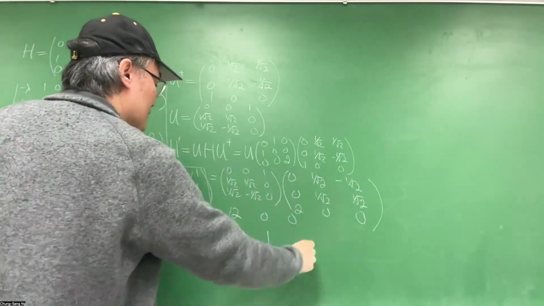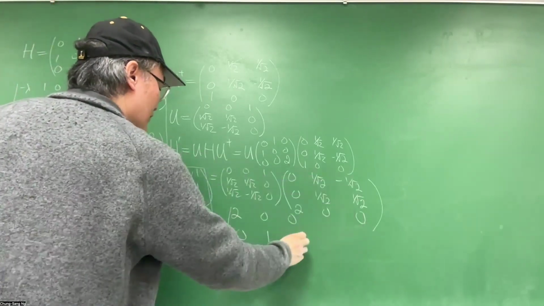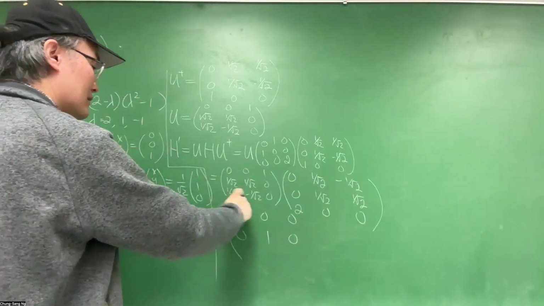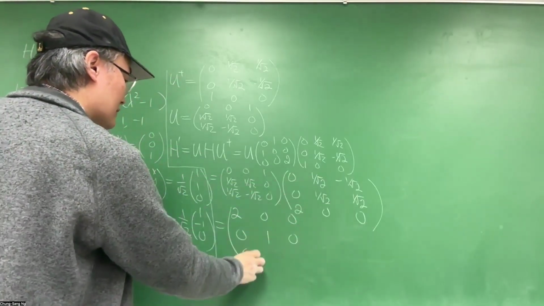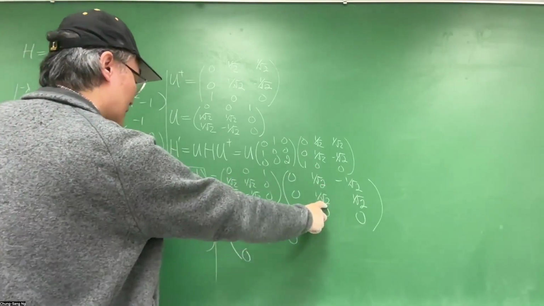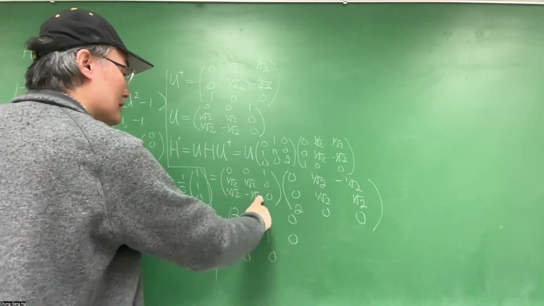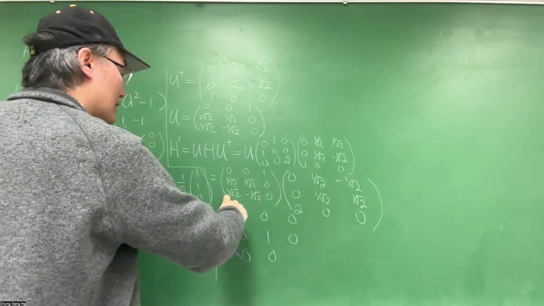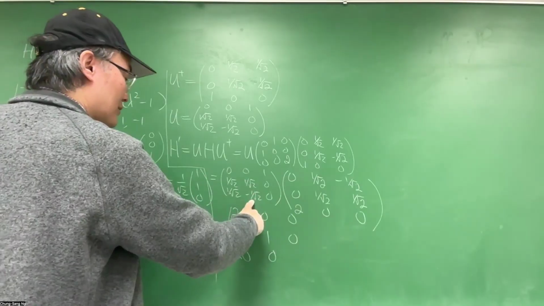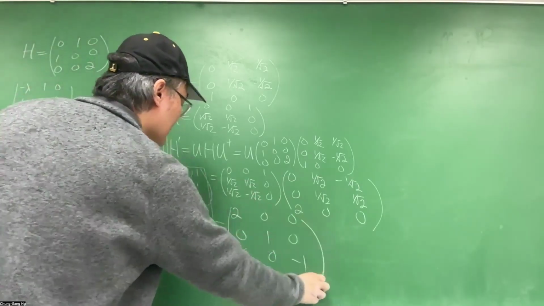This times that is 0 because one has a different sign. And this times that is 0, obviously. This times that again is 0 because of the changing sign. The last one, this times that is minus 1/2 minus 1/2, which is minus 1.